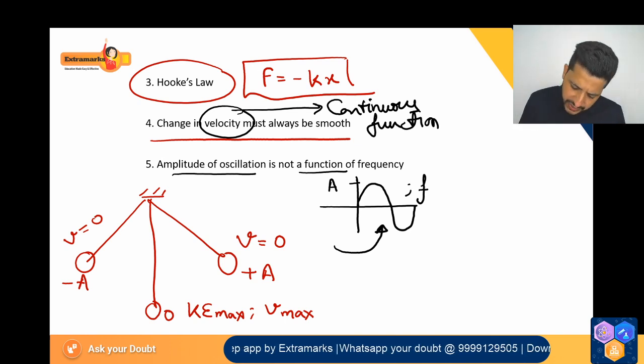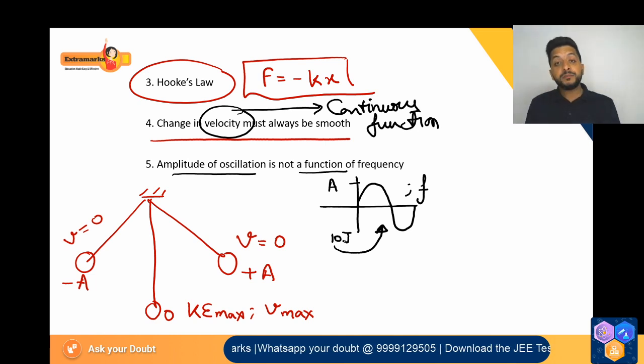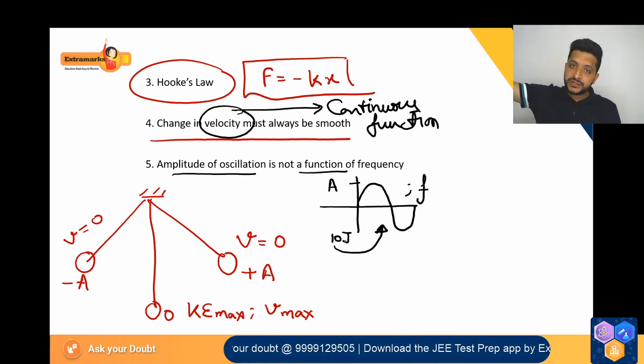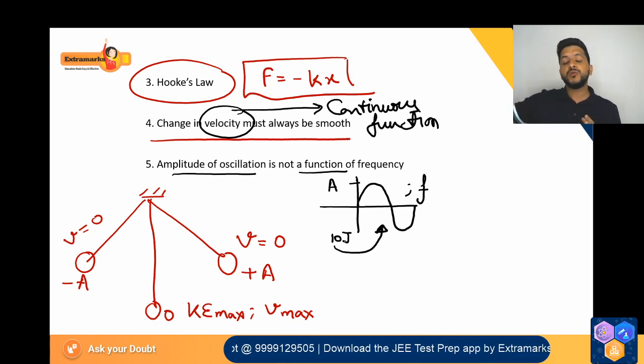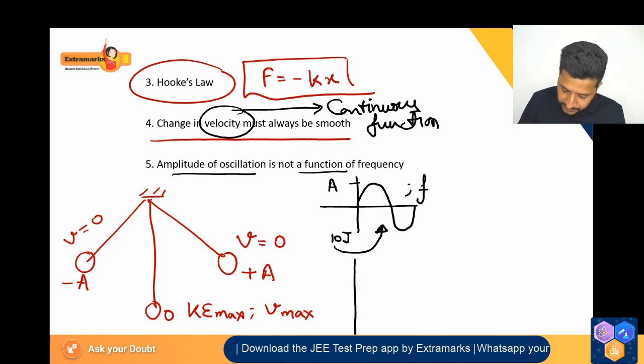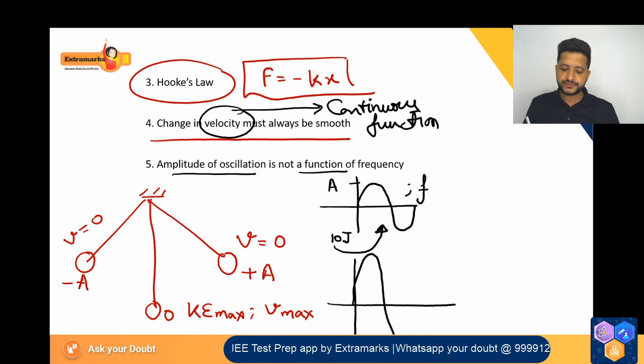When I give some energy, say 10 joules, the pendulum is going to go to a larger extreme position. That means the amplitude is now going to increase. So when I give it more energy, it will oscillate with a bigger amplitude.